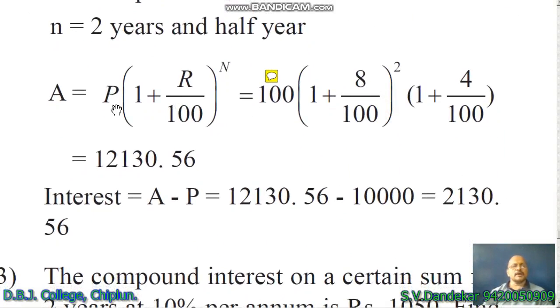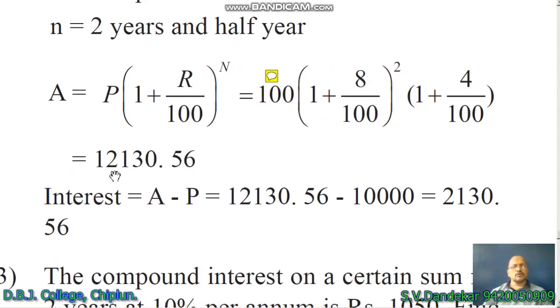The formula becomes A equal to P into 1 plus R by 100 raised to N, and here is a correction, here it should be 10,000 not 100. So the formula becomes 1 plus 8 by 100 bracket square and raised to half. Here the rate becomes half, 1 plus 4 by 100, the rate becomes half.